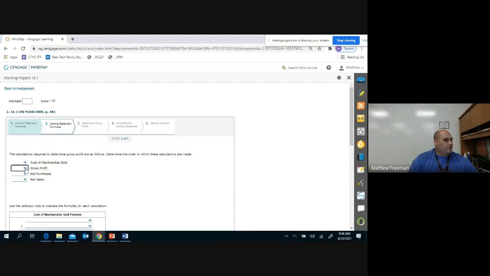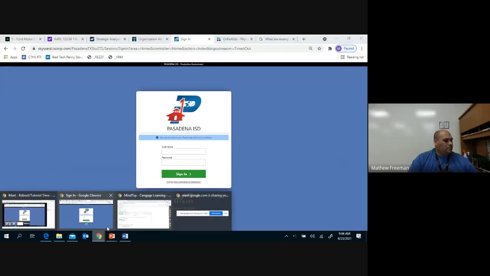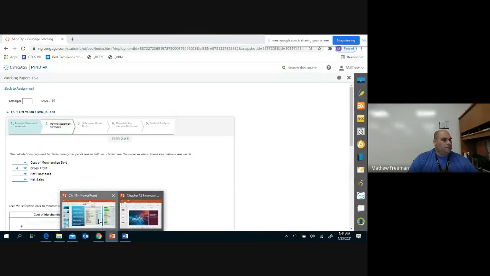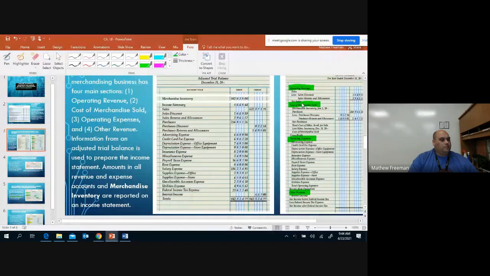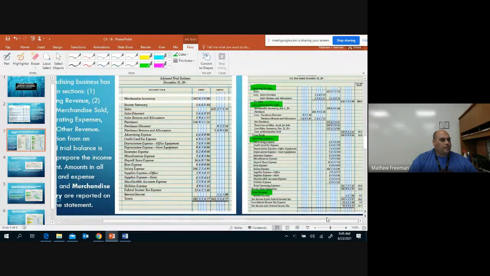Well, gross profit is what we're calculating, so that should probably be number 4, then cost of merchandise, net purchases, and net sales. Well, net sales is first. Okay, let's move this over.